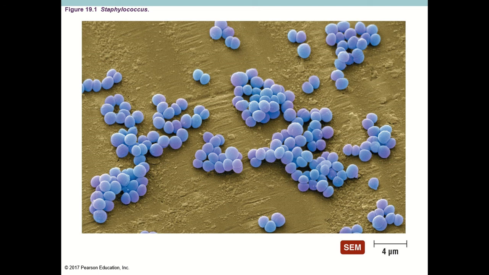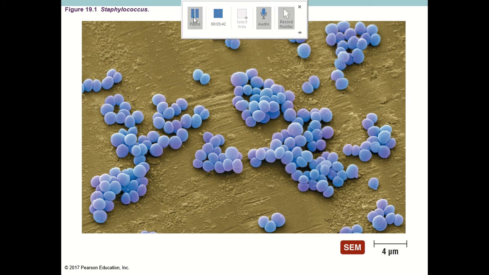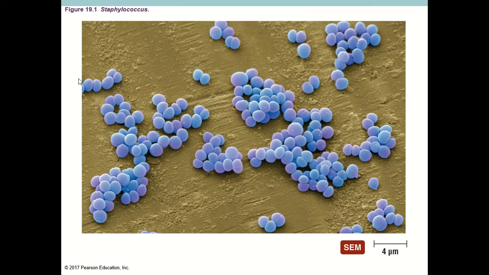In terms of their structure and a little bit of their physiology, they are facultative anaerobes. Okay, so meaning that they can grow in the absence of oxygen, but they can also grow in the presence of oxygen. So they're pretty tolerant to oxygen.